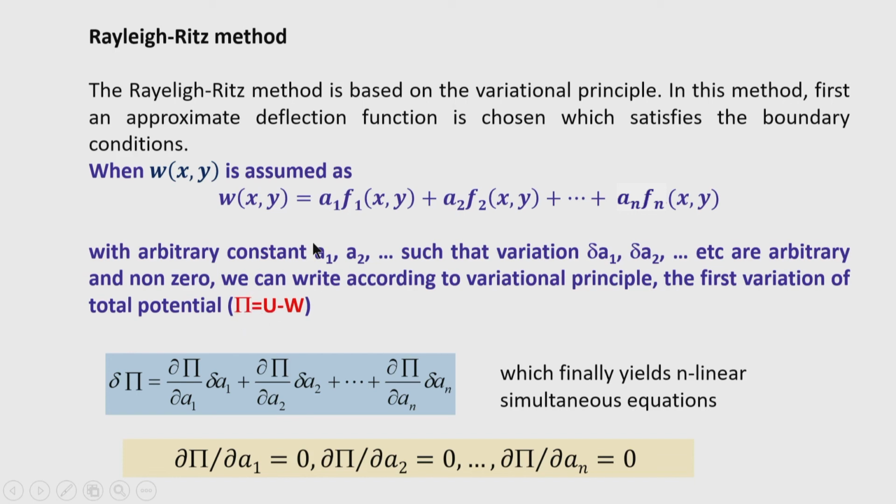Then when you differentiate a square term, you will ultimately arrive at a linear term. Therefore, you will get n number of linear equations with this operation, del pi by del A 1 equal to 0, del pi by del A 2 equal to 0.